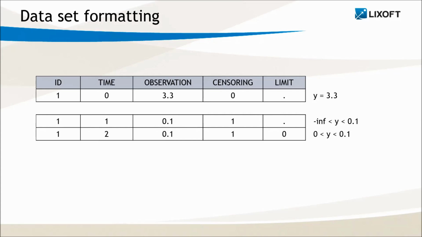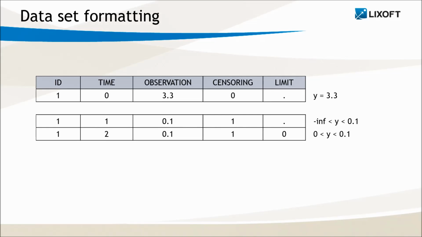In that case, we can use the limit column to indicate the other bound of the interval. This third line here means that at time 2, I have measured something between 0 and 0.1. If you don't want to indicate the other bound, just leave the limit column out, it is optional.